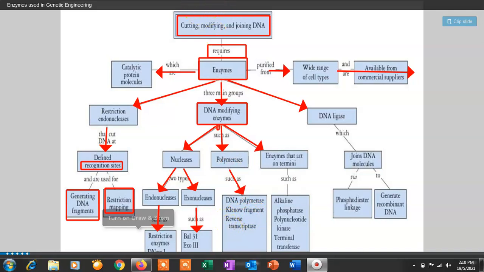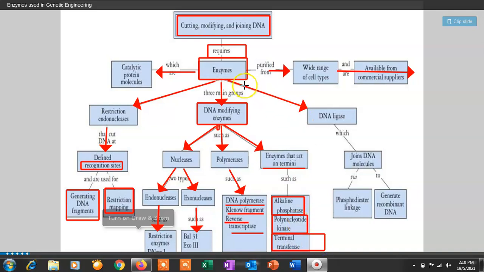The third type, enzymes that act on terminus, includes alkaline phosphatase, polynucleotide kinase, and terminal transferase.